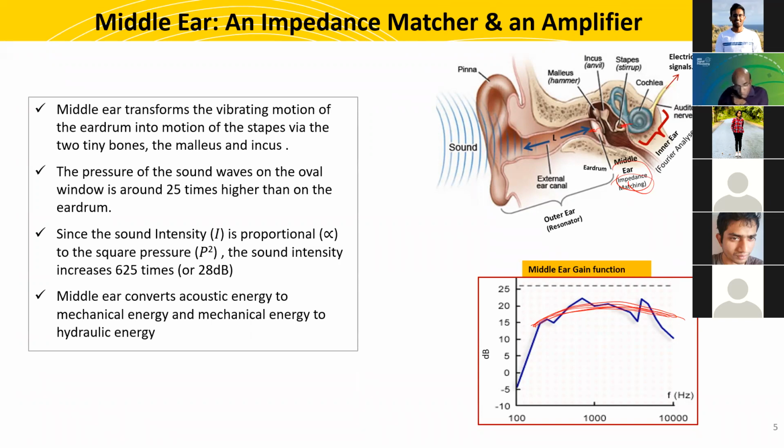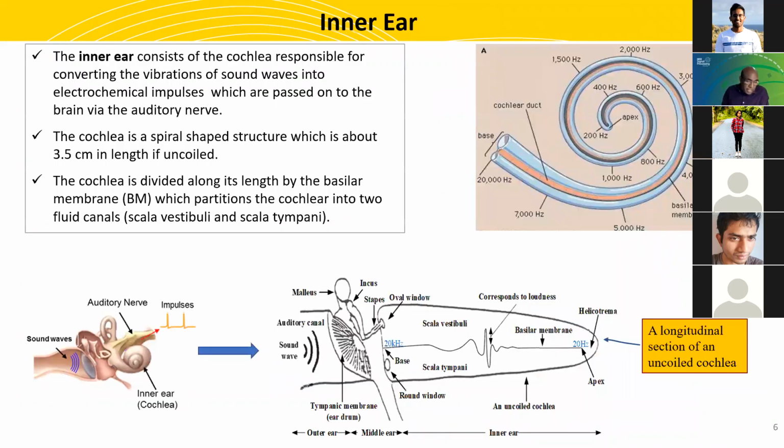And then we move on to the next part, which is the cochlea, the inner ear. It's a very important part. That's the spectrum analyzer. I'll spend a bit more time here. So we looked at the outer ear, we looked at the middle ear, now we come to the inner ear. The inner ear is called the cochlea, and it's the actual signal processing, real signal processing. It's like a snail, 3.5 centimeters in length, and it has 2.5 turns.